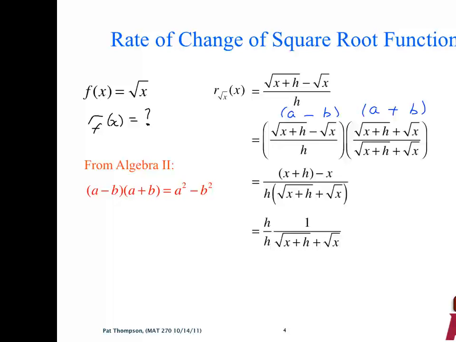We get that thing to simplify, and we end up with... don't scribble frantically. Maybe try to do it yourself later, watch the video. So we get h in the numerator, which simplifies with h in the denominator, and then when h gets sufficiently small, we get 1 over square root of x plus square root of x, which is 1 over 2 square root of x.